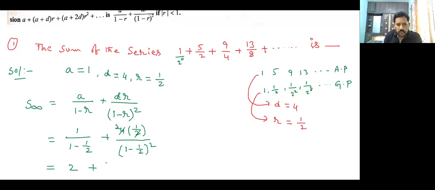Numerator will come 2. 1 minus 1 by 2 means that is 1 by 2. 1 by 2 whole square means denominator 1 by 4. Now it is going to numerator, that is 4. 4 2s are 8. 8 plus 2, that is 10. So sum of infinite AGP series value is 10.